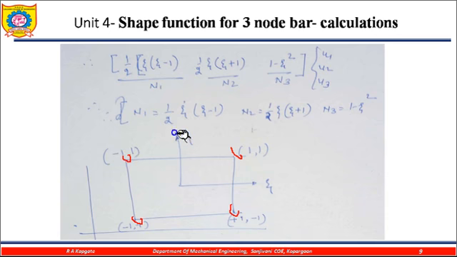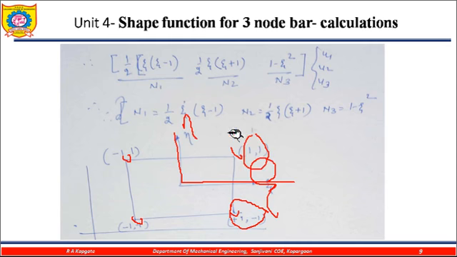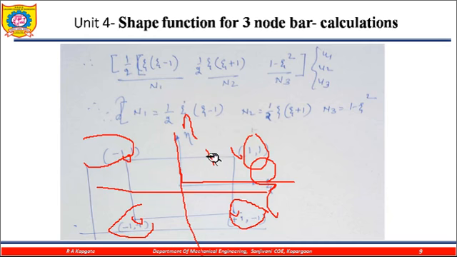Now these are my xi eta coordinates, this is my xi and this is my eta, and these are the coordinate values: plus minus, plus plus, minus plus, and minus minus, because this looks like the first quadrant, this is my second quadrant, this is my third quadrant, and this one is my fourth quadrant. According to that the values are written.